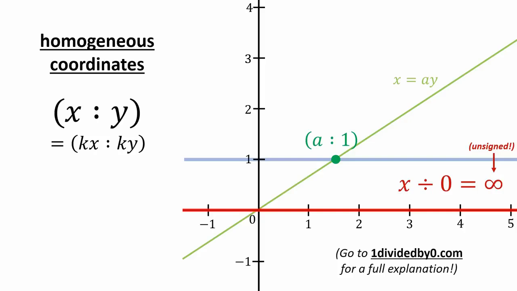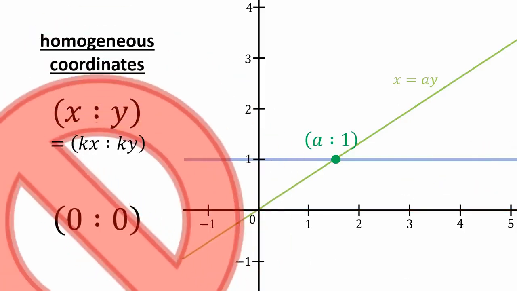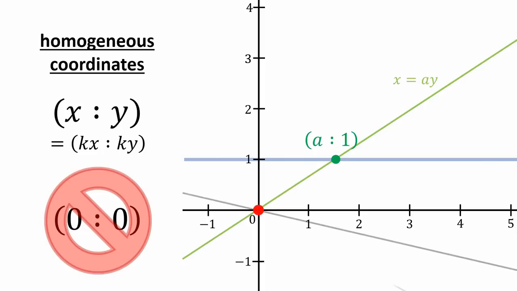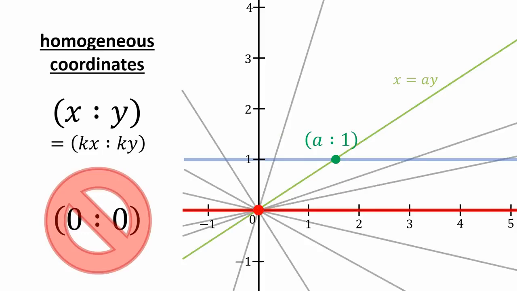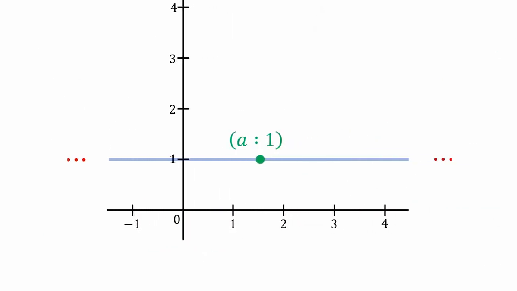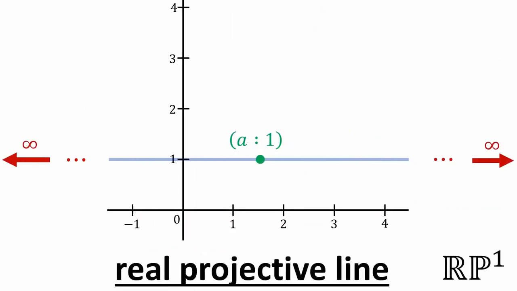The only coordinates that we consider invalid are 0:0, since the origin is on every line in our original pencil, and thus can't be used to describe any one line. This also makes sense if you remember that in calculus, 0 divided by 0 is an indeterminate form, and can represent any number. All in all, the space we've modeled is known as the real projective line.